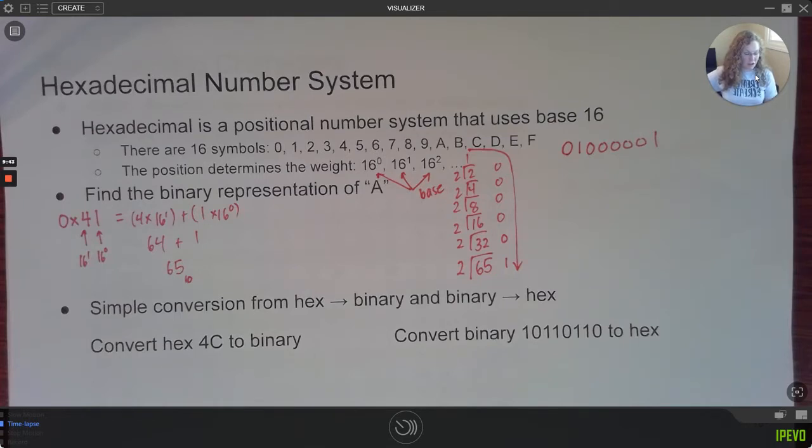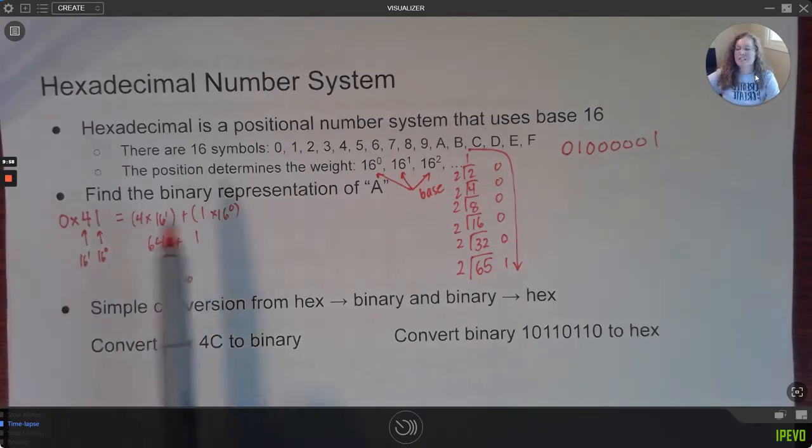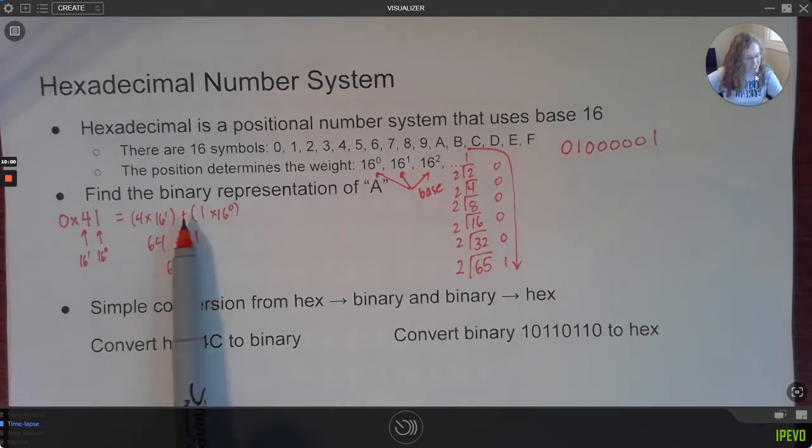Okay, now I said that typically you will be given an ASCII table in hexadecimal, and it might seem to you like, wouldn't you rather have it in decimal? Because if I give it in hexadecimal, I have to convert to decimal, and then I have to take the decimal number and convert it into binary.